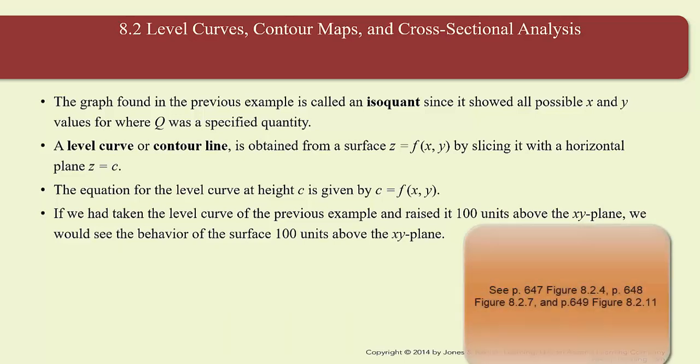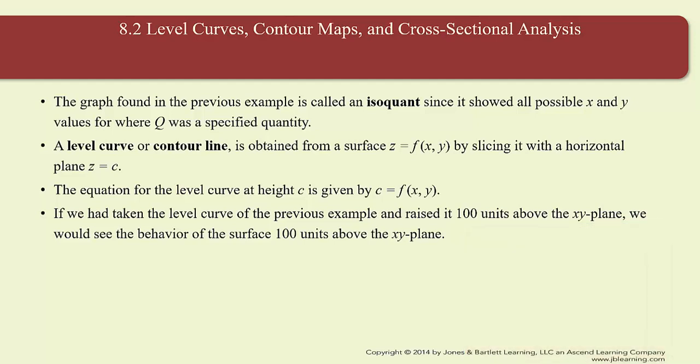To see some ideas of what I'm talking about here, you can look in the book on page 647, figure 8.2.4, page 648, figure 8.2.7, and even page 649, figure 8.2.11. Those are three examples of a production function, or a function of two variables, sliced with a horizontal plane, producing a level curve.